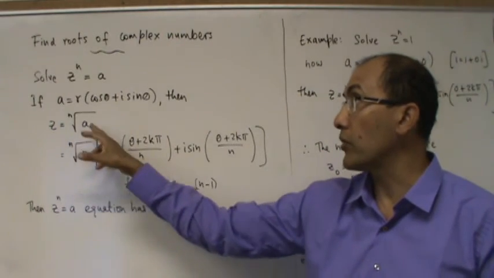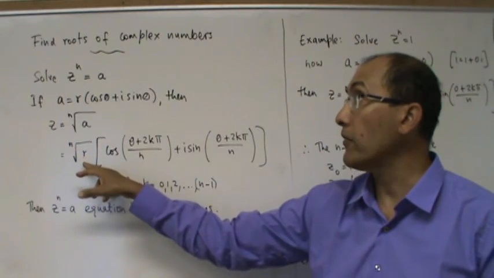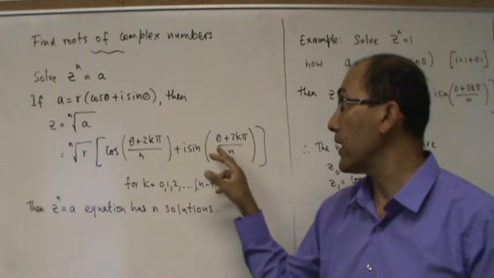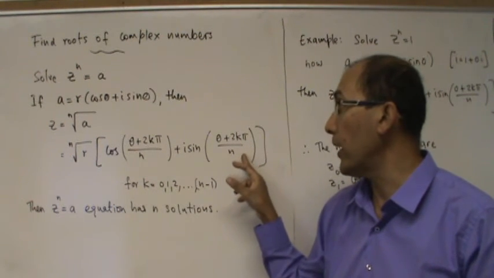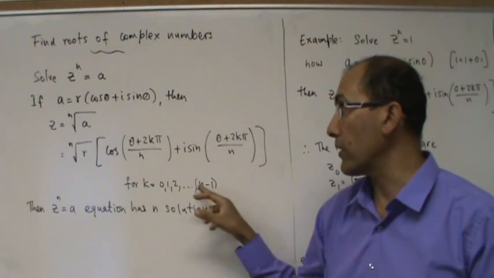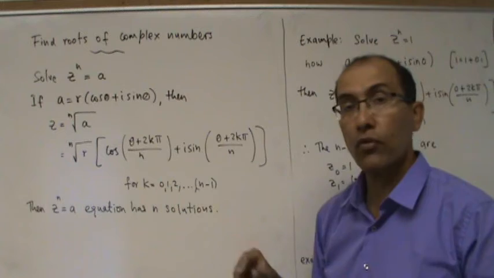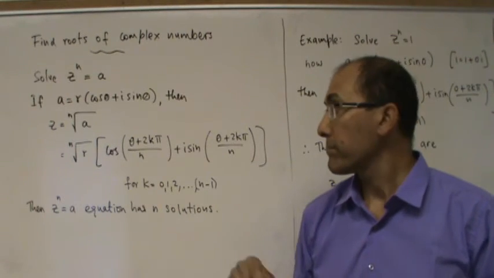So Z is equal to the nth root of r, times cos of theta plus 2k pi over n, plus i sin of theta plus 2k pi over n, and the n roots are given by these values for k going from 0 up to n minus 1.